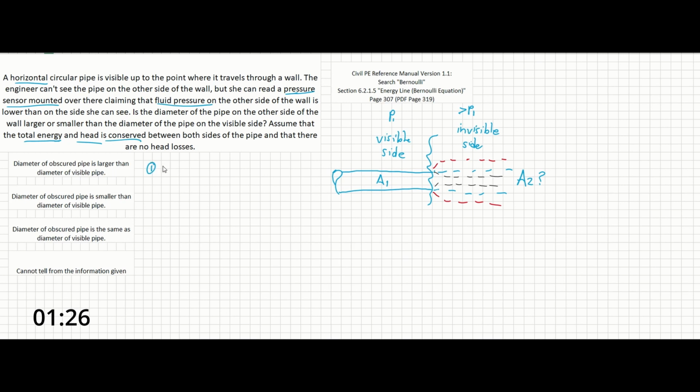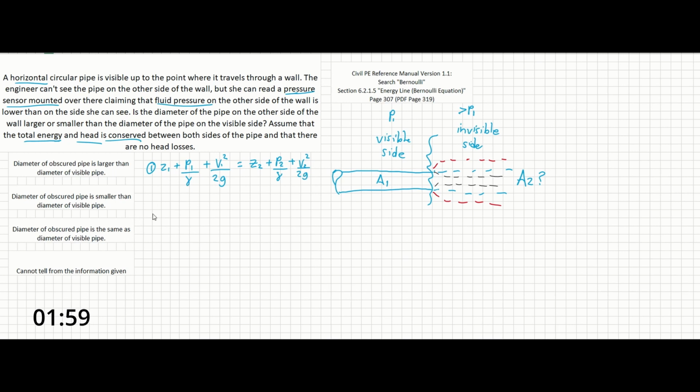So the first thing would be Z1 plus P1 over gamma plus V1 squared over 2g equals Z2 plus P2 over gamma plus V2 squared over 2g.